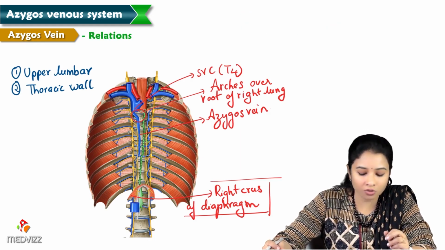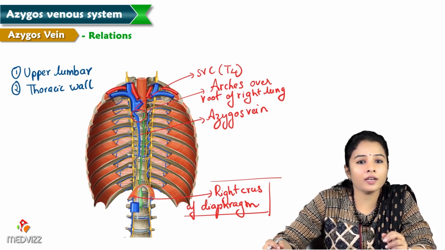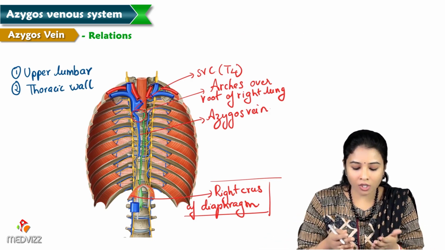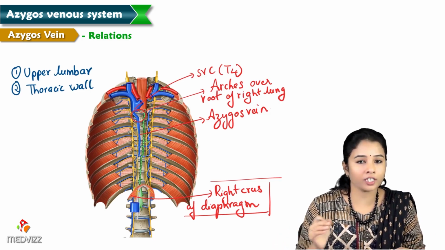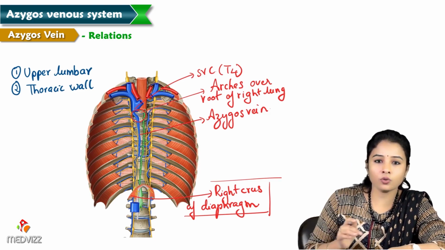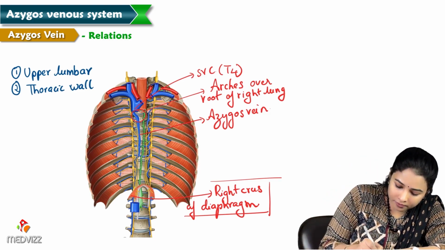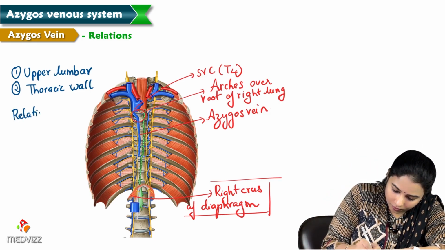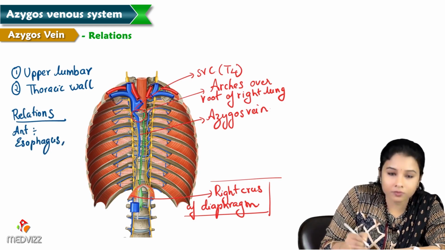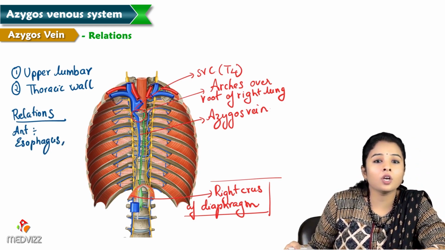Let's see the relations of azygous vein. Here, all the anterior structures are removed to expose the azygous vein. Anteriorly, it is related to the right edge of esophagus.